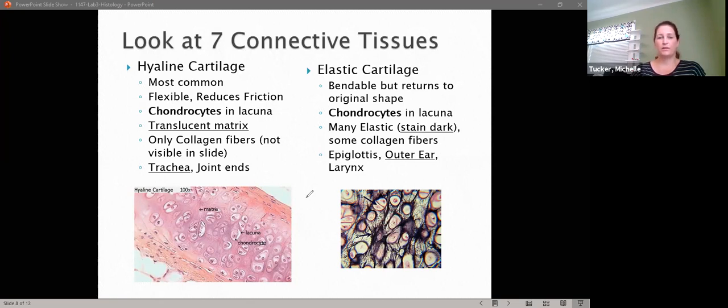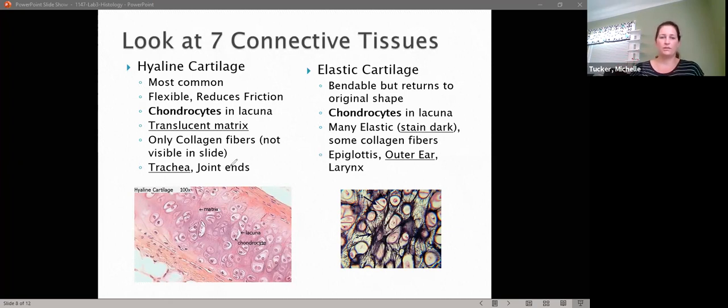This is where the fiber type and how fibers stain is going to come into play. So hyaline cartilage is most common because it is slippery. It's found on the edge of bones. So if you've ever taken a raw chicken leg and pulled it apart and it's shiny on the end, that is hyaline cartilage.